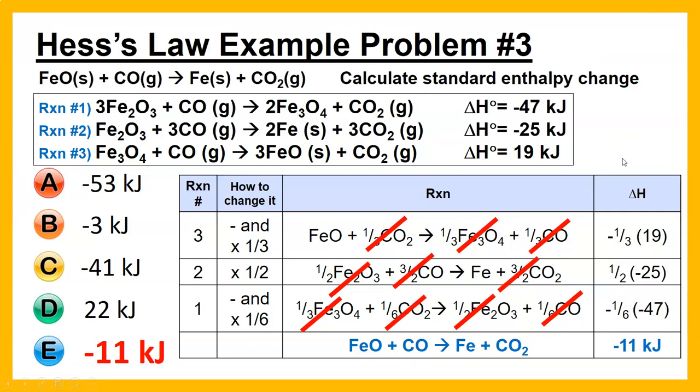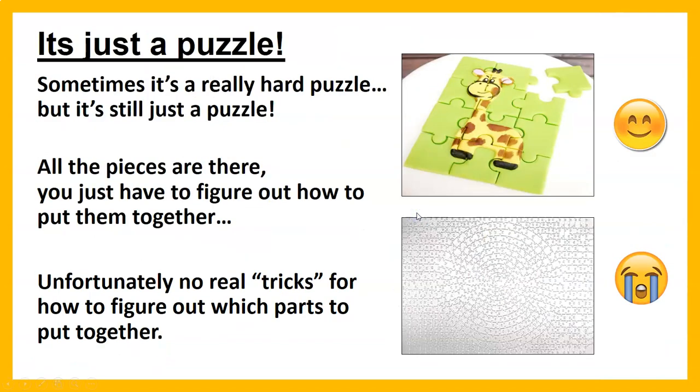One thing I highly suggest is that you do not crowd and squish your work. This is a game of record keeping. You're going to need to be very careful that you don't lose track of any little coefficients here, any little fractions. So you want to make sure that you're using enough binder paper that your brain can stay organized and calm, okay? And then keep in mind it's a puzzle.